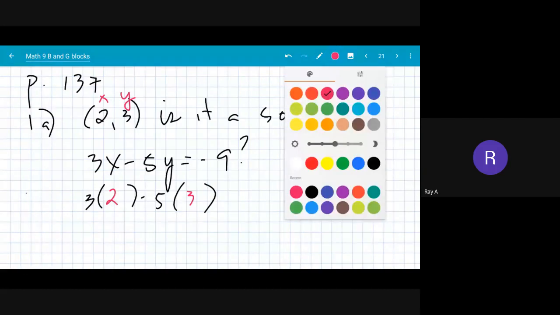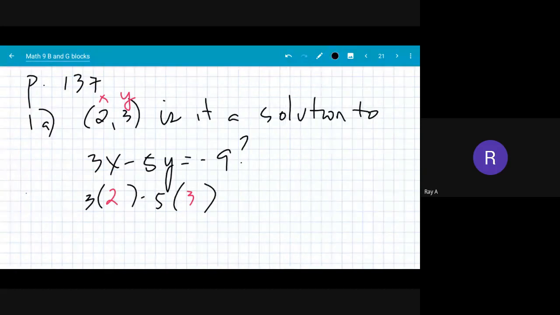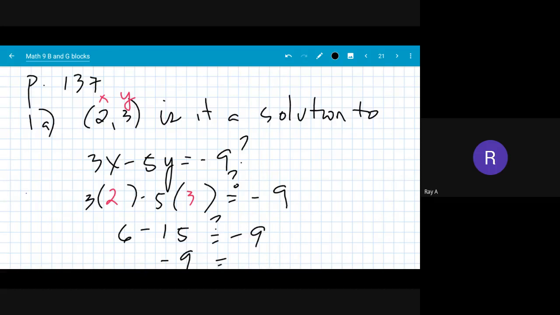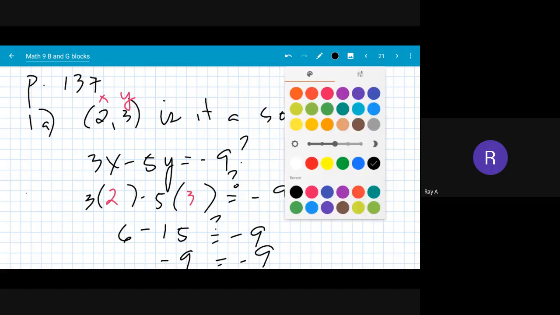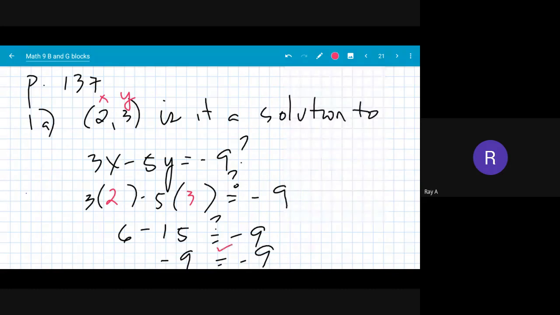And then we're going to see whether this is equal to negative 9. We put this question mark because we're not sure. 3 times 2 is 6 minus 15. Is that going to be negative 9? Since the left side is the same as the right side, it checks out. Therefore, (2, 3) is a solution.